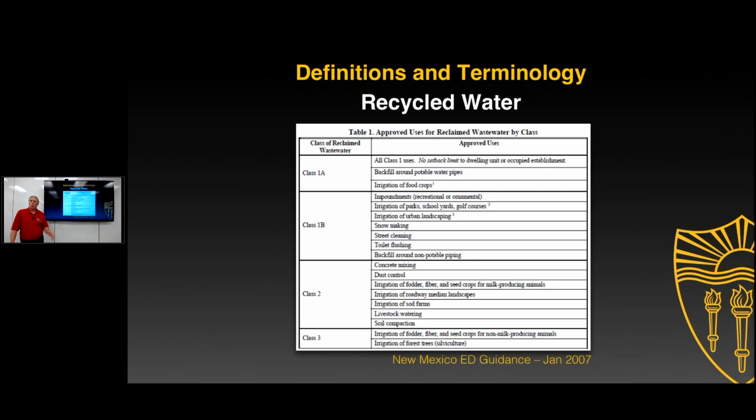And the chart here was just taken from a state regulation showing the various grades that can be used for different specific applications. So this is where we find that recycled water across North America can vary tremendously in how it's treated and how it's used. But those of us in cross-connection control still have to look at it as a specific hazard, and we have to guard against it appropriately.